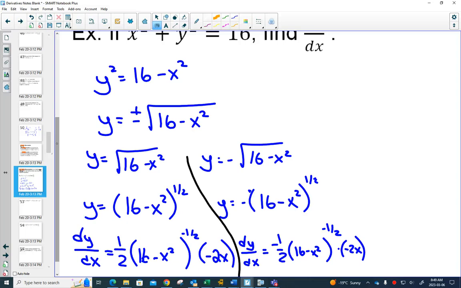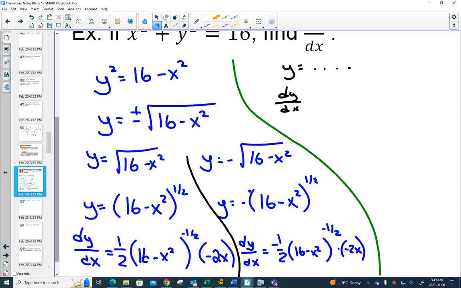We can't, but they could. So with implicit differentiation, we are going to imagine somebody really smart got y by itself. And when they got y by itself, they were also very smart, knew all their derivative rules, and could take the derivative of that. They know y is equal to something, and they could take the derivative.